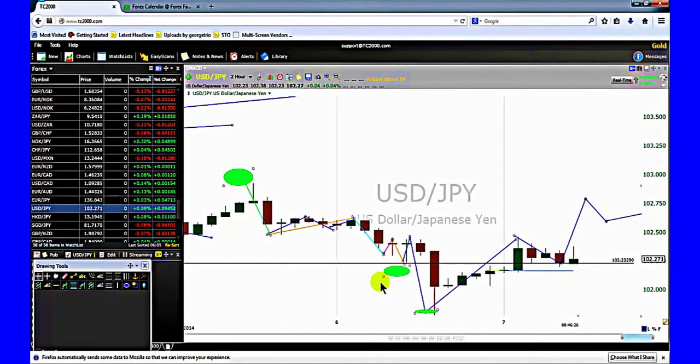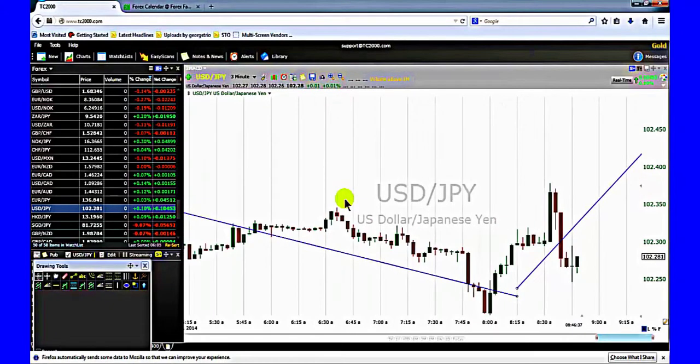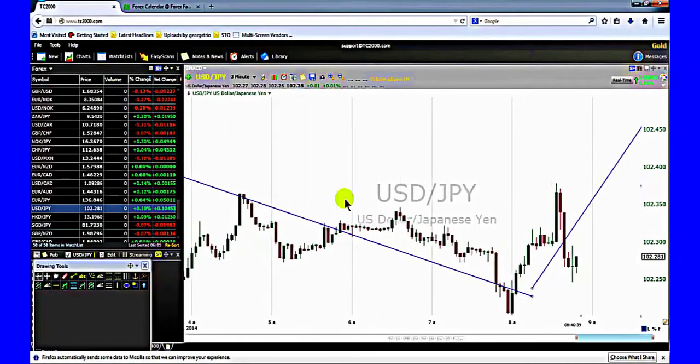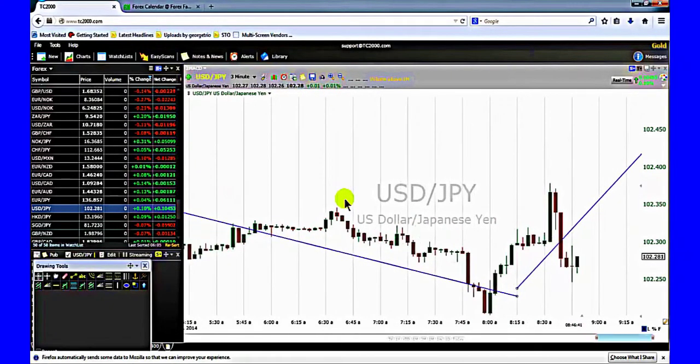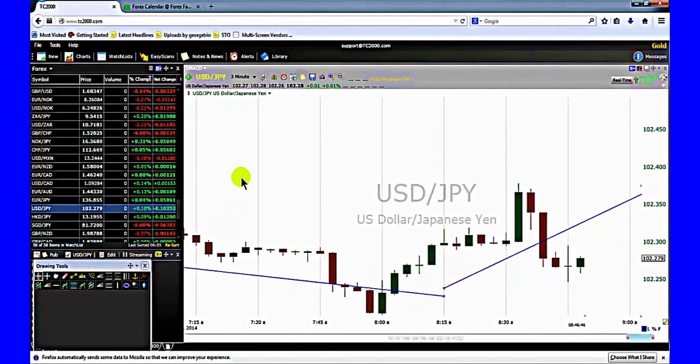So we are now on the 2 hour chart. On the 3 minute chart, we're expecting the dollar yen to go up. All right. Okay, traders, I'm now out of the pound dollar trade.